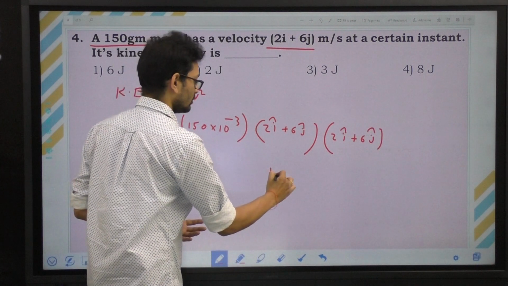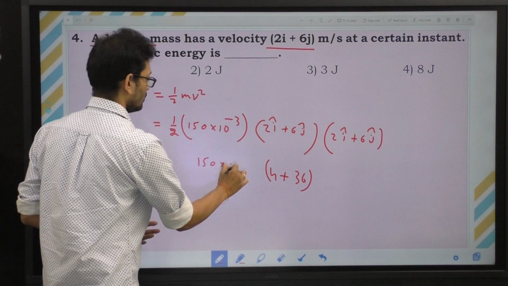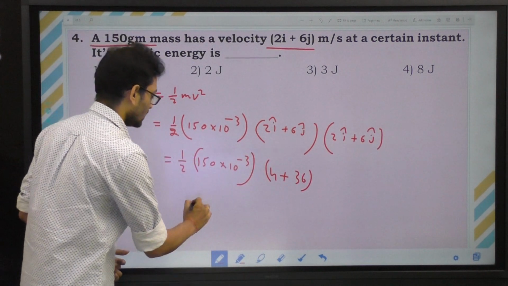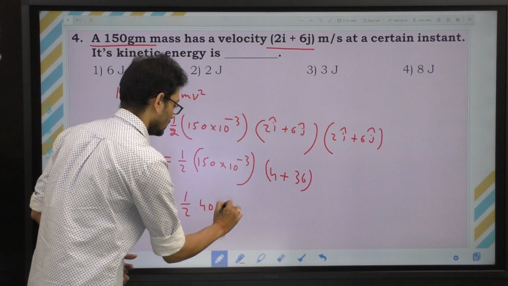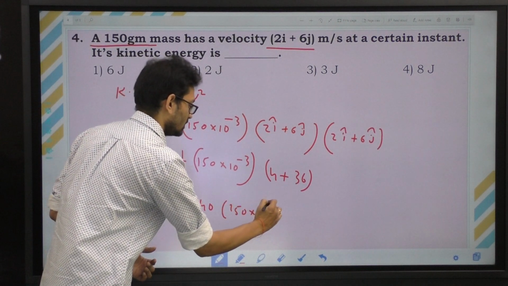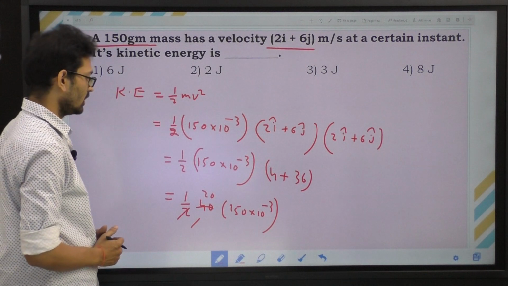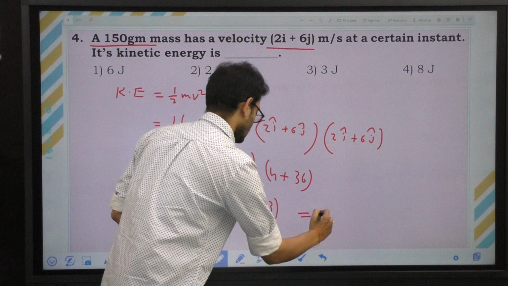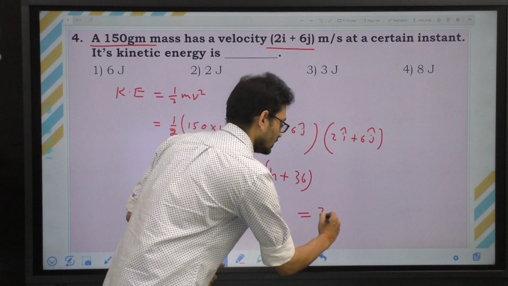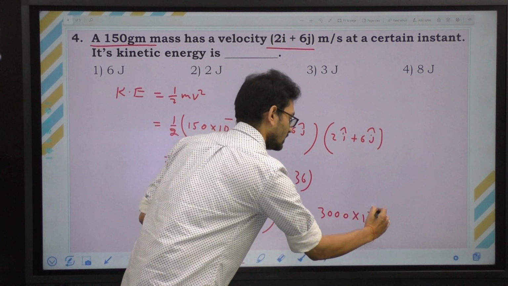So what you are going to get over here is 4 plus 36 and 150 into 10 power minus 3, and 1 by 2. So you will be getting 1 by 2 into 40, since 4 plus 36 is going to be 40, into 150 into 10 power minus 3. 2 1s are 2, 2 20s are, you will be left with 20 into 150, which will be 3000 into 10 power minus 3.